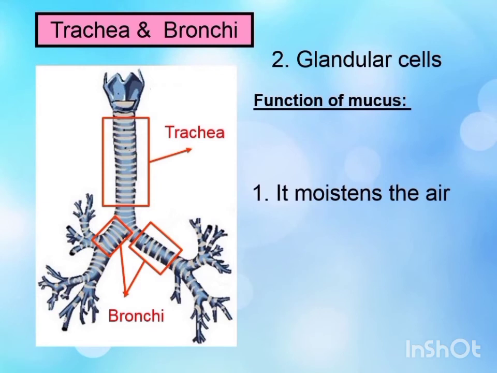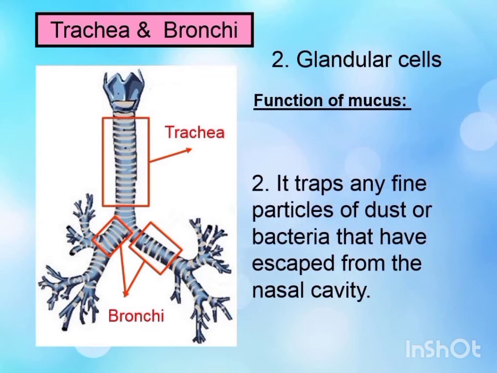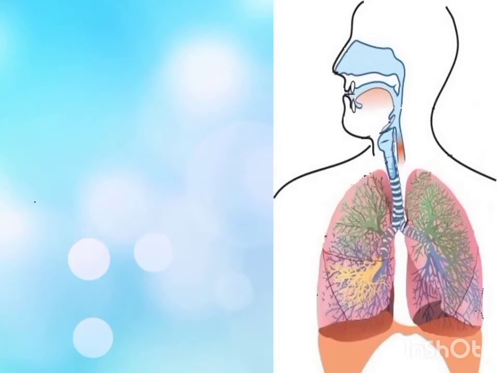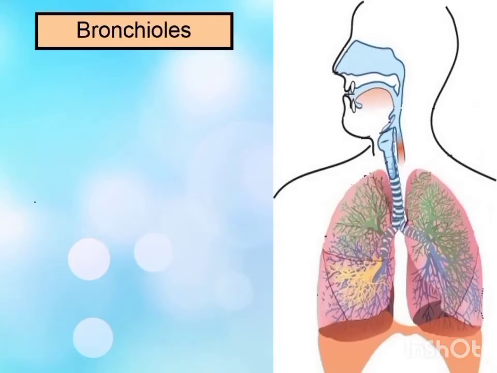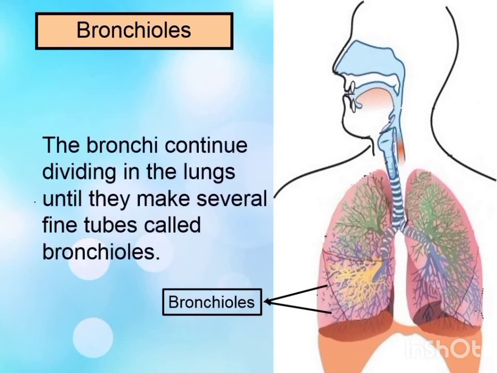Function of the mucus is that it moistens the air coming from the outside, and it traps any fine particles of dust or bacteria that have escaped from the nasal cavity. What else do they do? The answer is the side information written in blue.